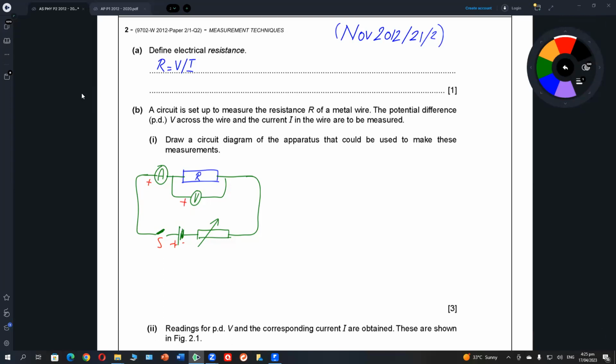Copy down this circuit. It's a simple circuit. I've copied it. Good.